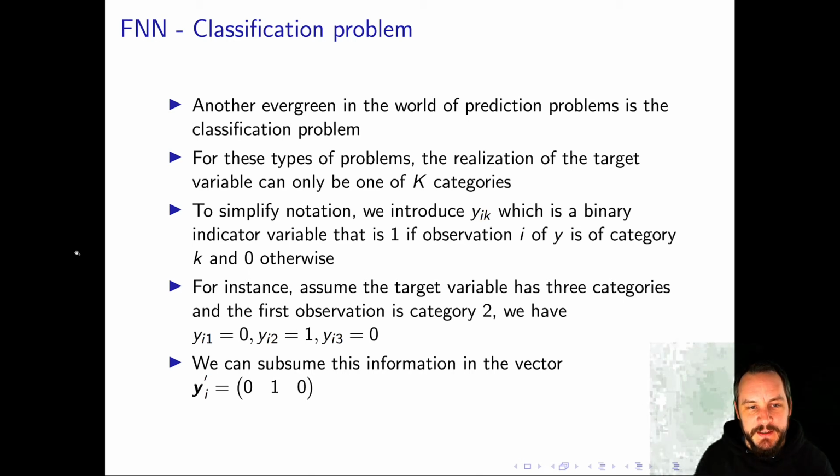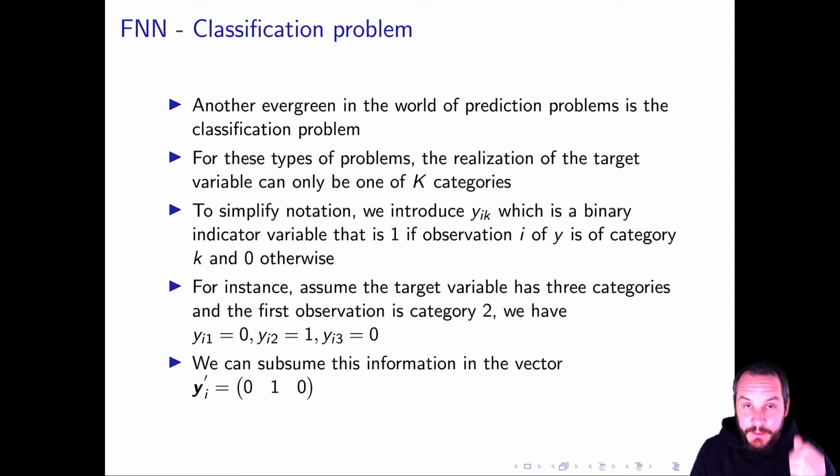This means instead of a single value like 1 or 2, or 0 and 1, which typically would be used for a binary classification problem, and if we have, for instance, 3 categories, we may think about 1, 2, 3 or whatever.